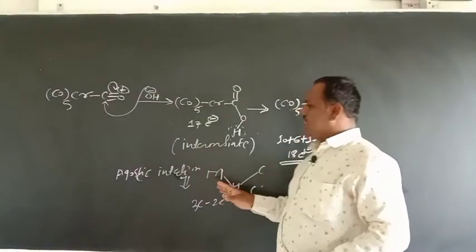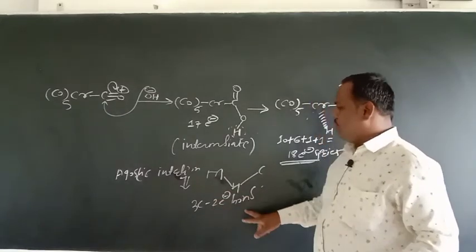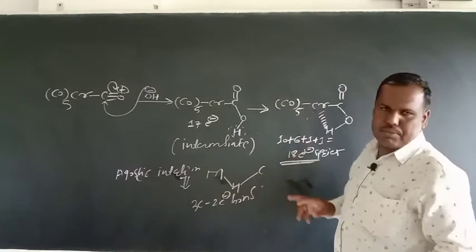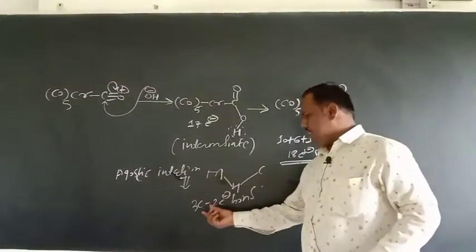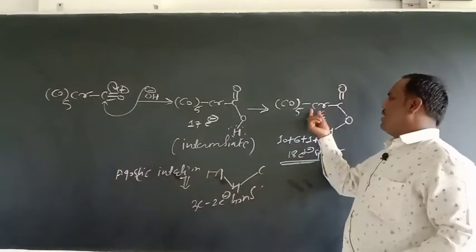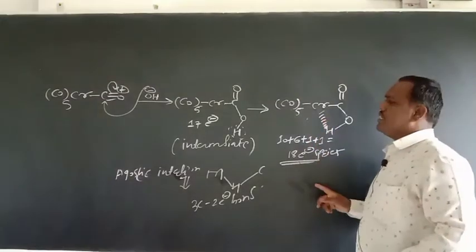So this is the reason for agostic interaction, a 3 center 2 electron bond between the metal atom, acidic proton and the carbon atom. For the metal atom to become coordinatively saturated, it will show agostic interaction.